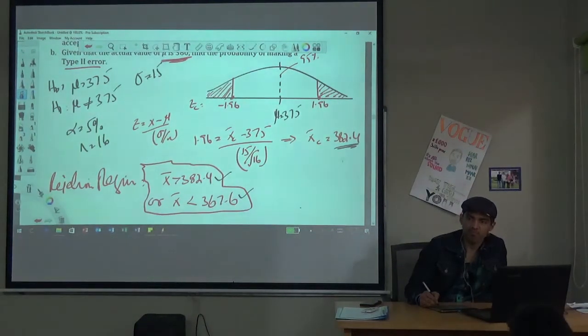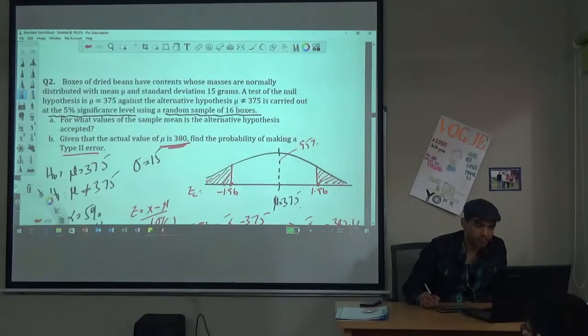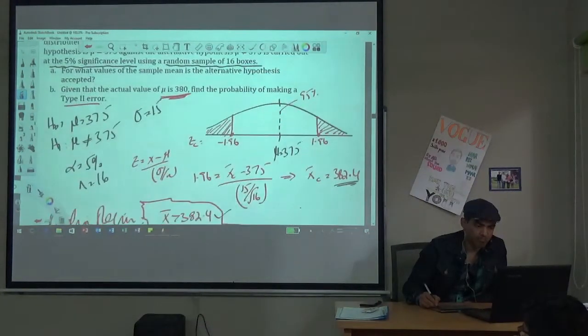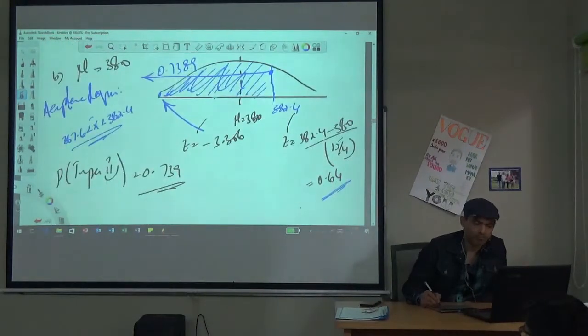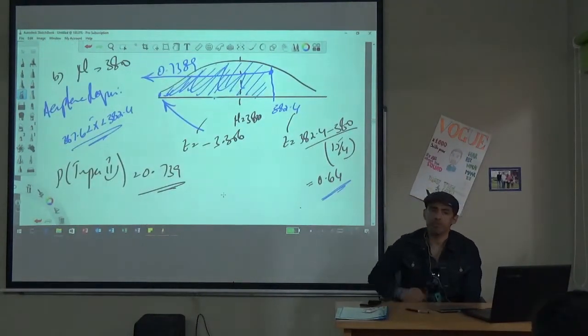Yes. It is? Okay, then the difference is 7.4. 375 minus 7.4, is it 367.6? Yes. Okay, that is fine. That's the probability of type 2.